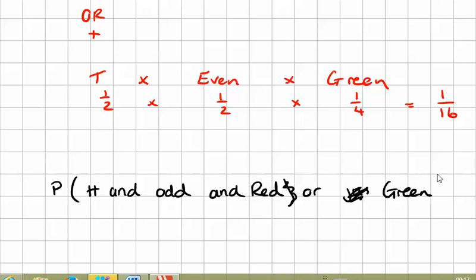Head and odd and red, or green. Now green means every possibility. So green at the end. So you could have had a head and odd and even, green, tails and... So, work it out.